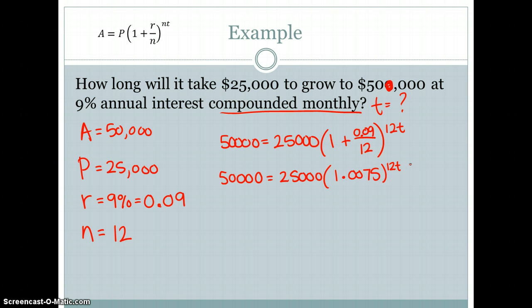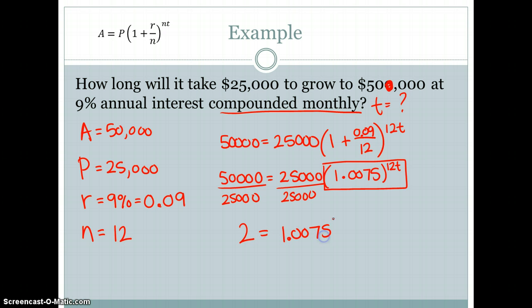If we remember, how do we solve an exponential equation? First, get this exponential portion alone. So we need to divide by 25,000. We divide 50,000 by 25,000, that's 2. So 2 equals 1.0075 to the 12t power.